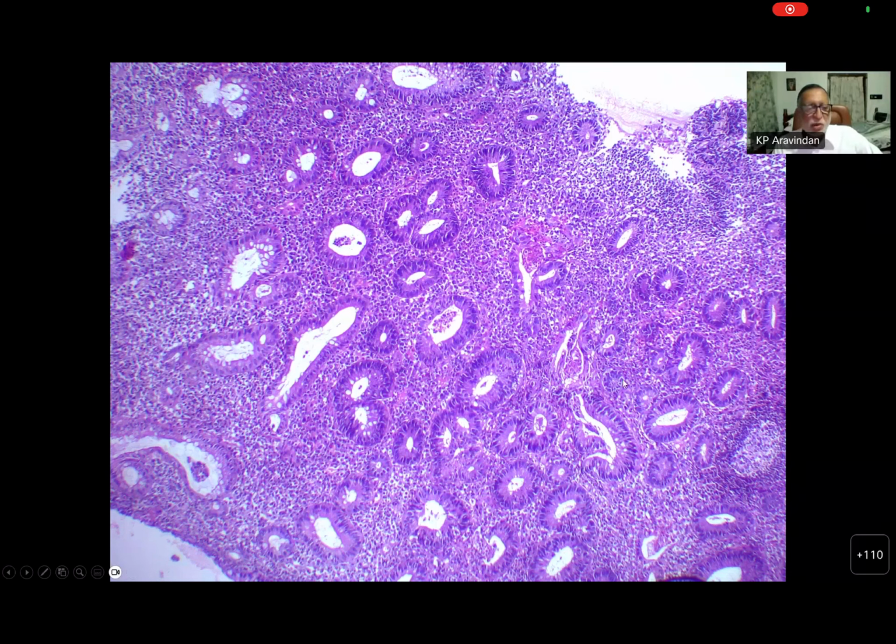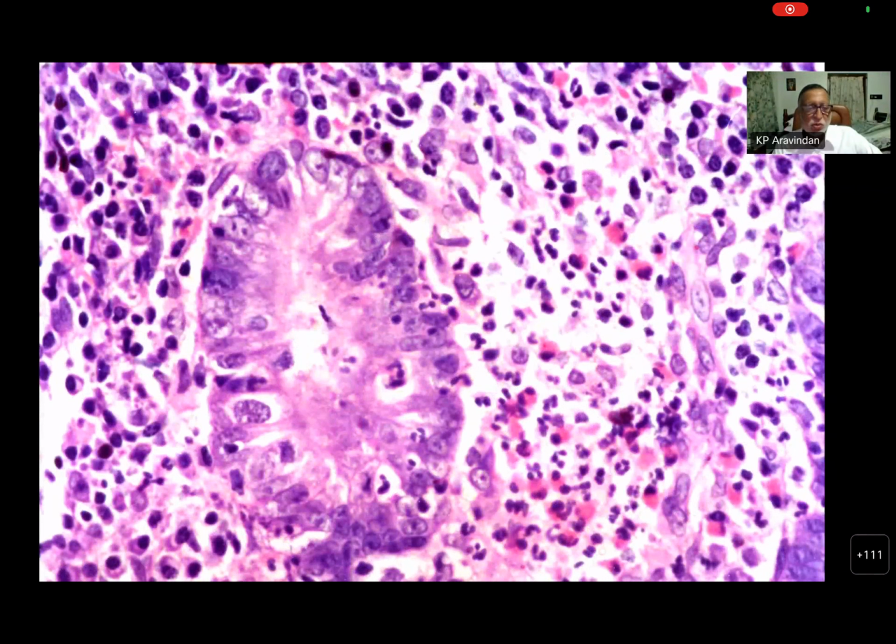And this is a higher power view. What do you think now? Cryptitis, as well as increased cellularity within the lamina propria. Okay. And on this high power view, I think there is some kind of regenerative atypia as well. Okay, mild changes are there. What else? Are there cells creeping into the crypts? What do you call this? This is cryptitis. There are neutrophils within the crypts.